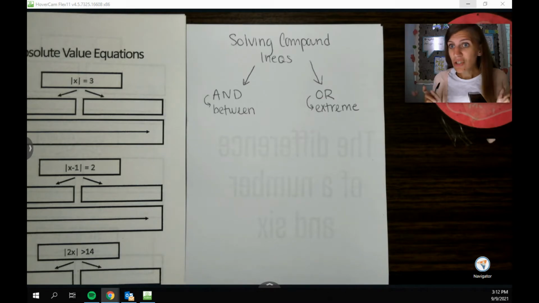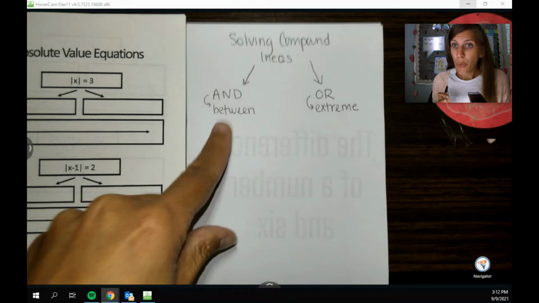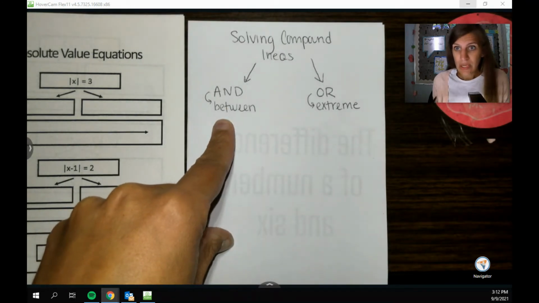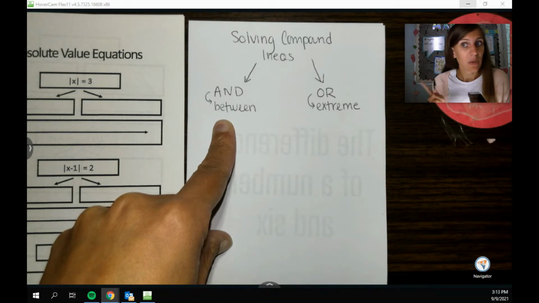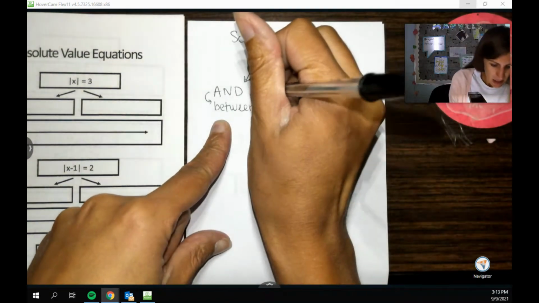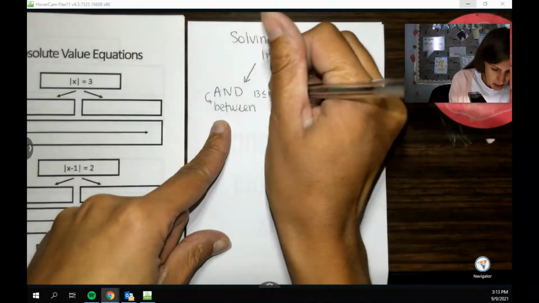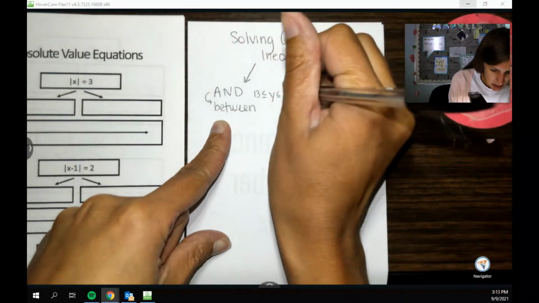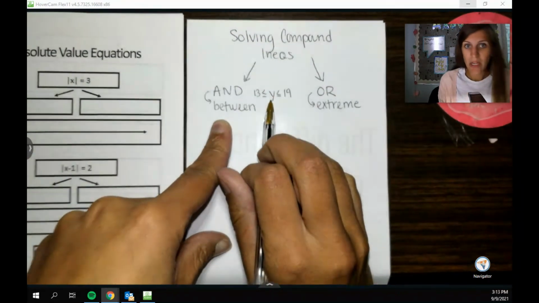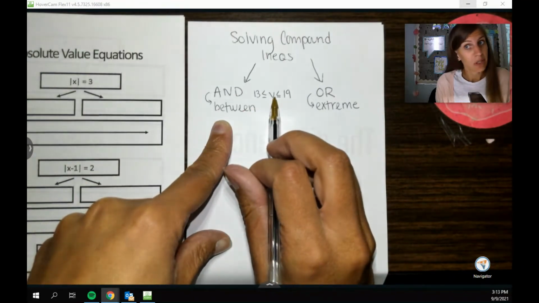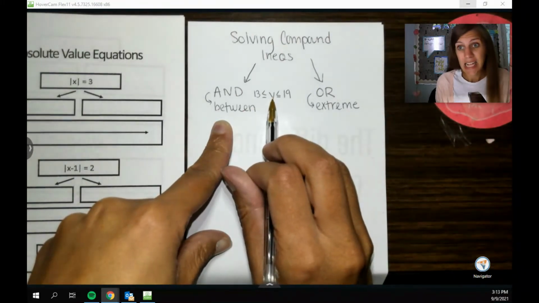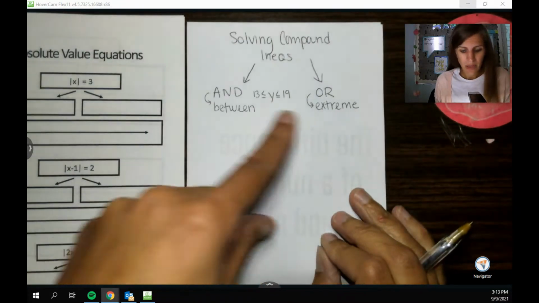The age that you are a teenager is between 13 and 19. So if you're any of the ages in between 13 and 19, like this, you are considered a teenager. So those are all the numbers in between. That is an and compound inequality.